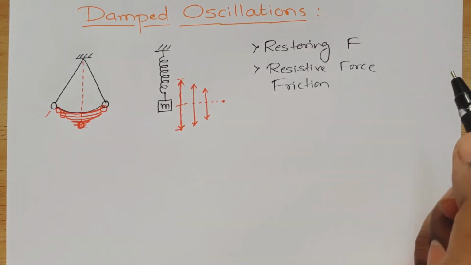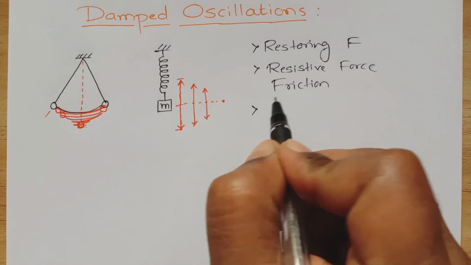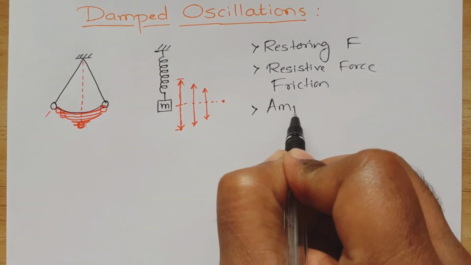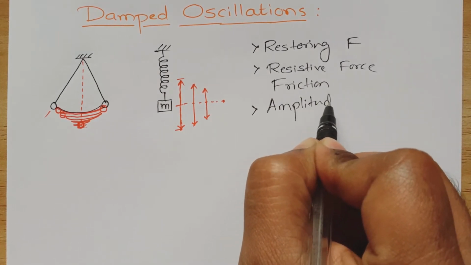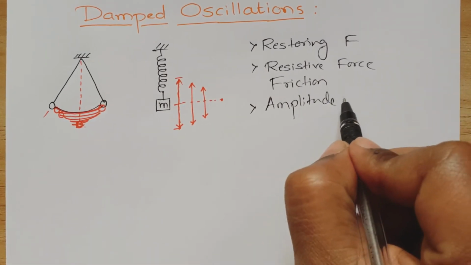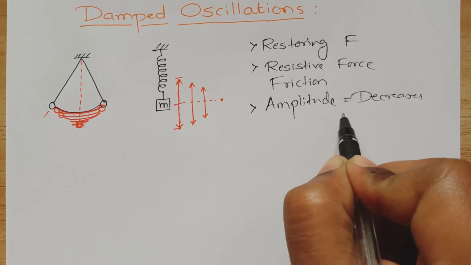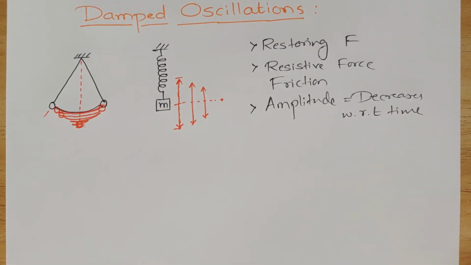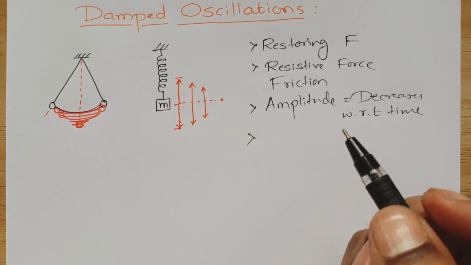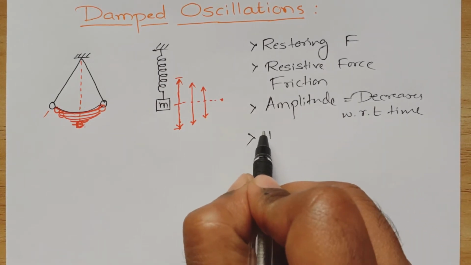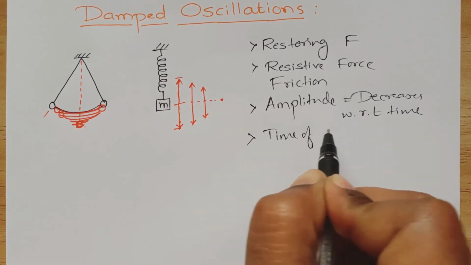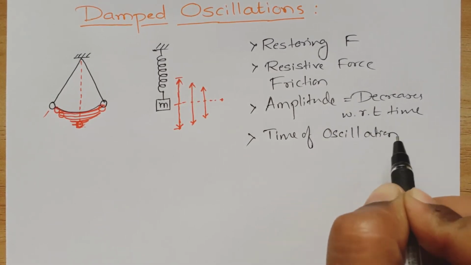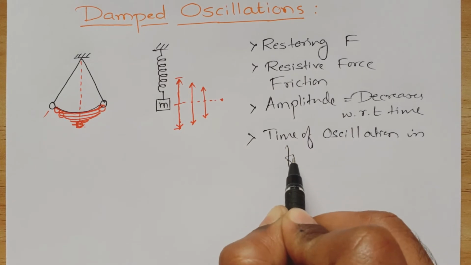Friction is present, and the amplitude will decrease. It decreases with respect to time. And the time of oscillations is finite.